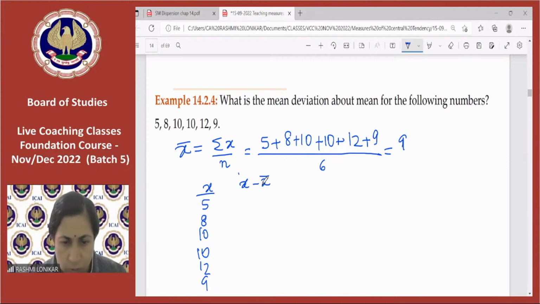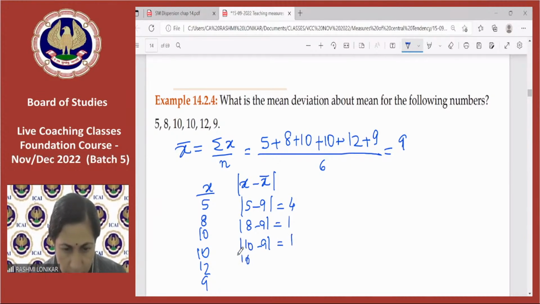So 5 minus 9 is equal to 4 in magnitude. 8 minus 9 equal to 1. 10 minus 9 equal to 1. 10 minus 9 equal to 1. 12 minus 9 equal to 3 and 9 minus 9 equal to 0.